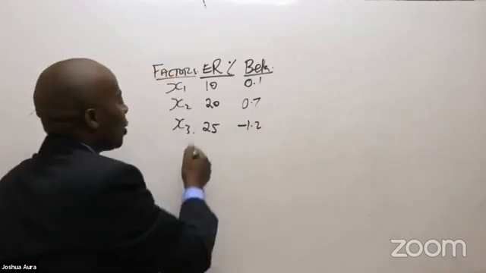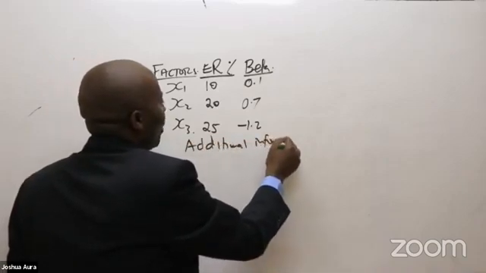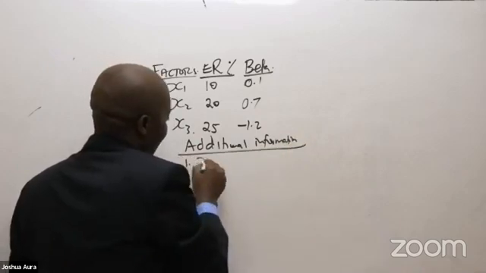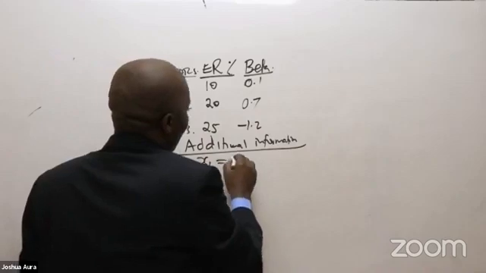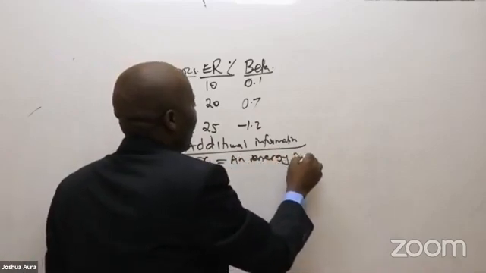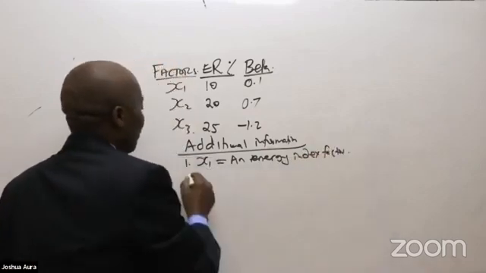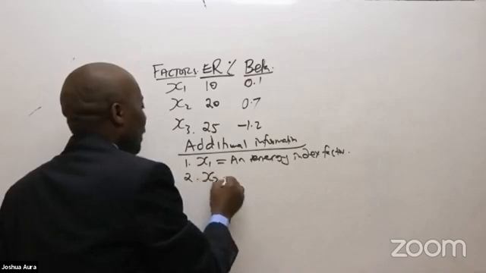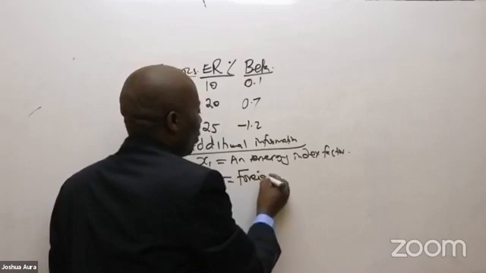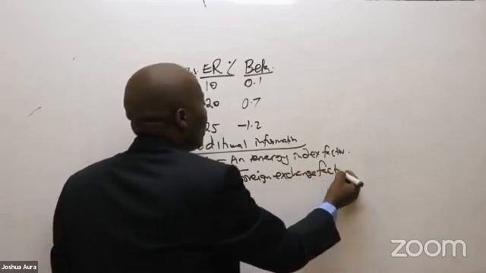Under additional information, he'll tell you the first additional information is that X1 is an energy index factor. Number two, he'll tell you that X2, for example, is a foreign exchange factor.